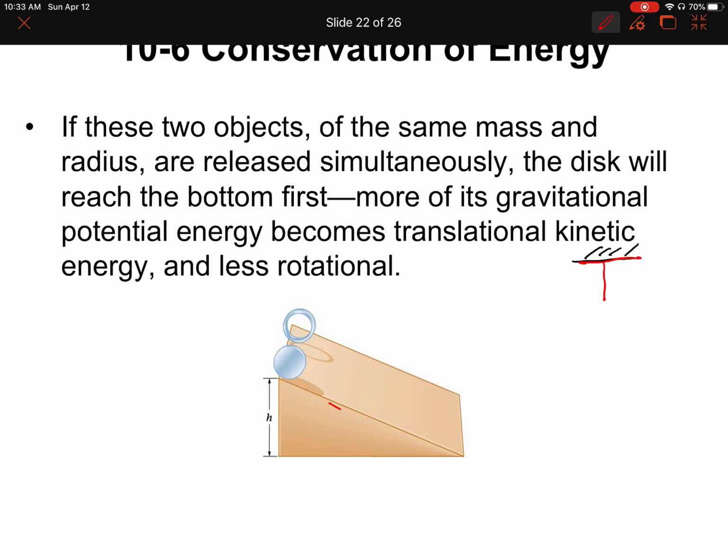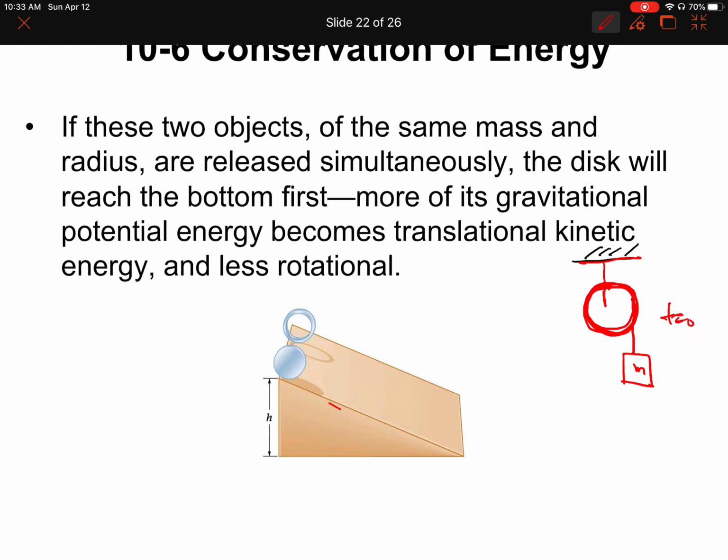So this is a disk, right? And we have a rope on this disk, and at the end of the rope we have a mass. Okay, that's at t equals 0.